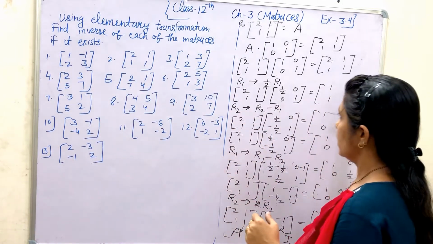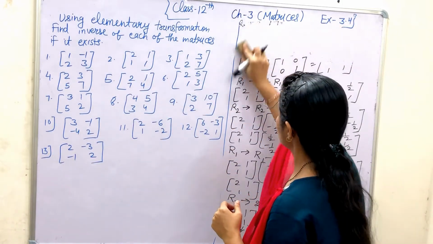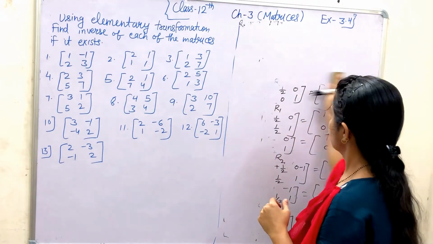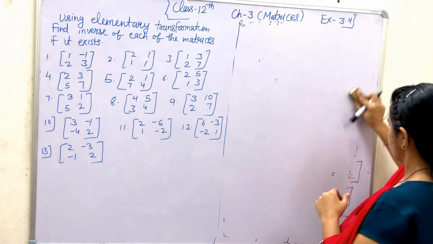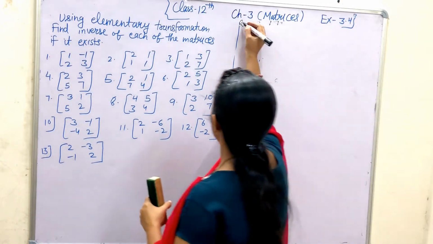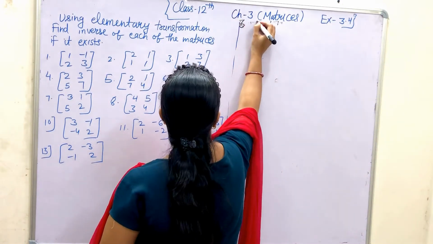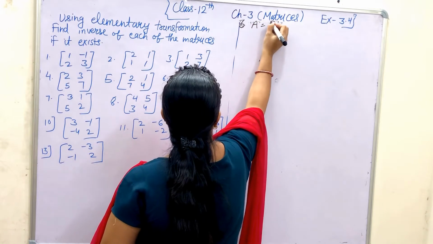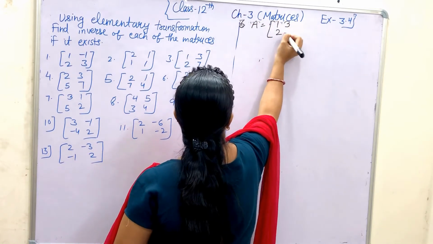Now in our third question, A is 1, 3, 2, 7.